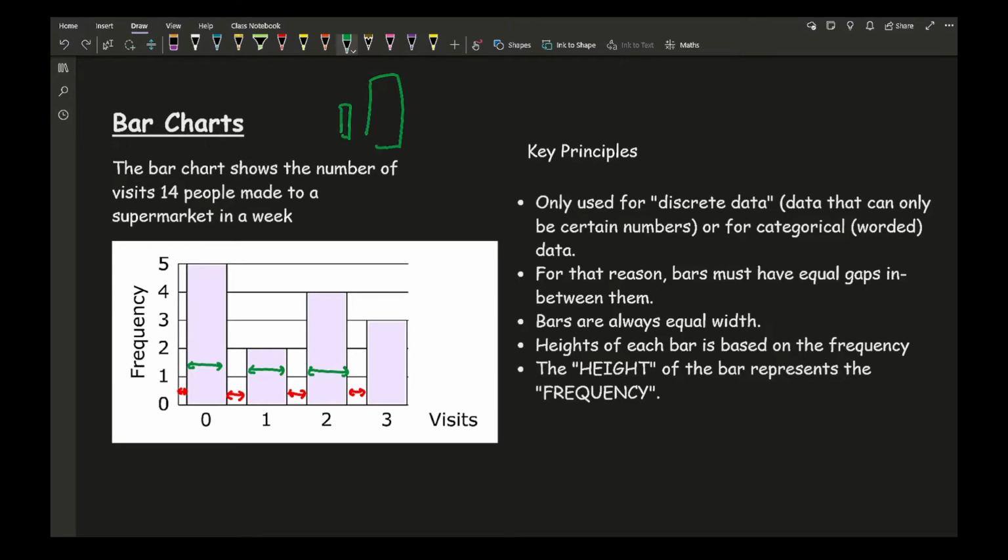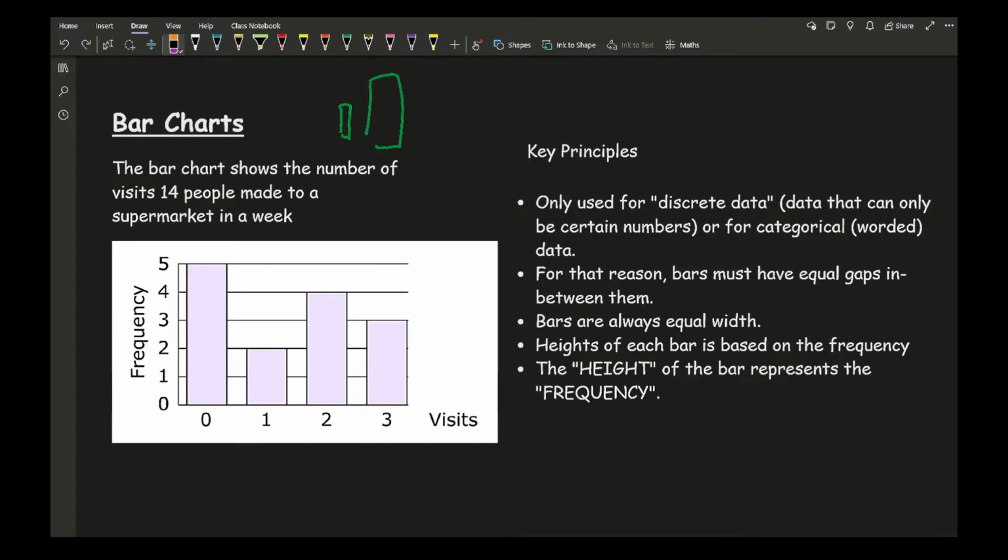Looking at this particular bar chart, however many people have chosen that response is reflected by its frequency, or the height of the bar. So for example here, the most popular number of visits to the supermarket by these 14 people was 0. The next popular was 2, then 3, and then 1.